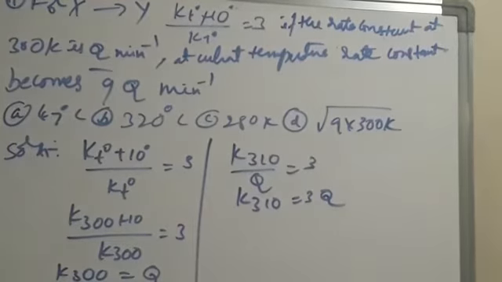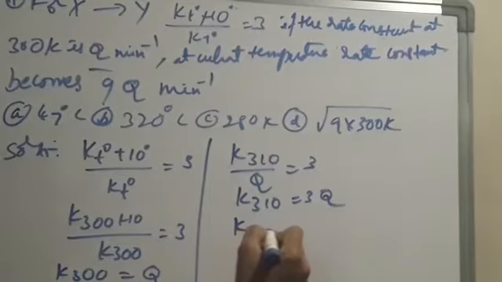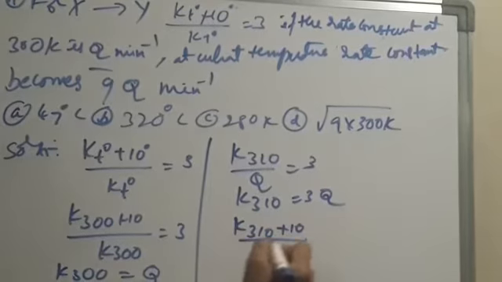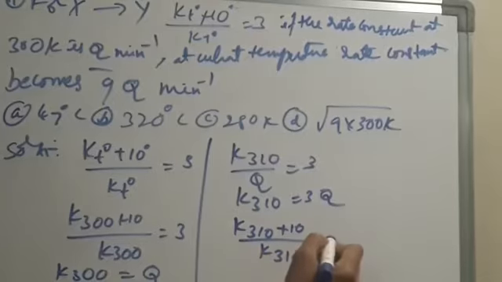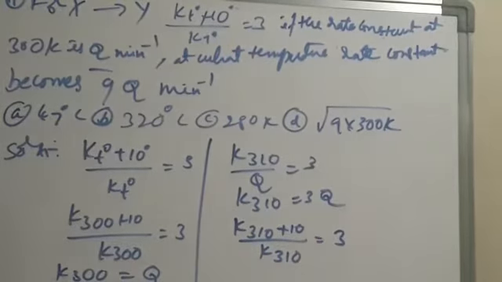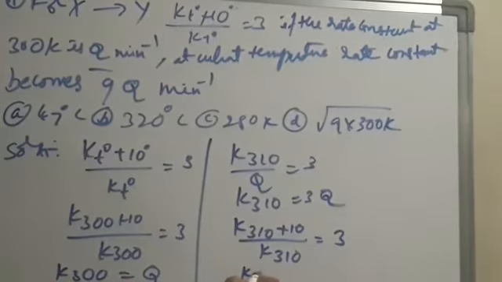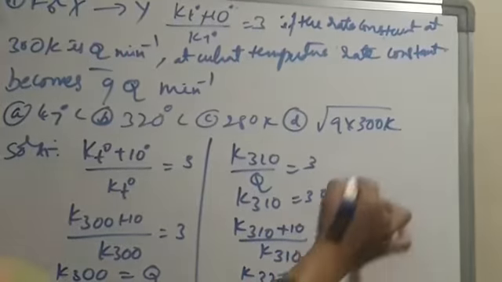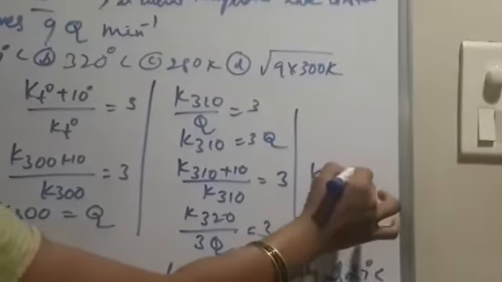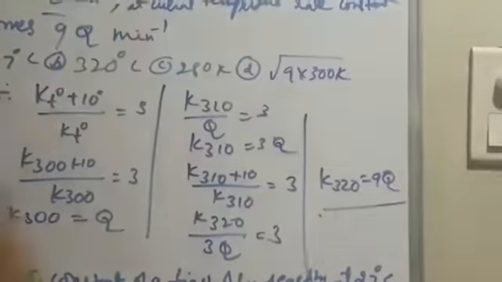Then if you raise the temperature by another 10 degrees, we can write K 310 plus 10 by K 310 is equal to 3. What is K 310? 3Q. So K 320 by 3Q is equal to 3, and K 320 is equal to 9Q.